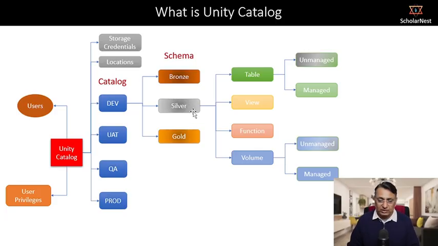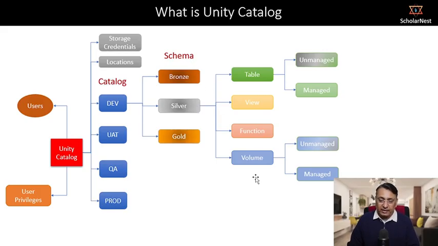For example, within the silver database I can create tables. I can create n number of tables within the silver database. I can create views. I can create functions, user defined functions, and I can create volumes. So these are 4 types of objects that are supported inside the schema.